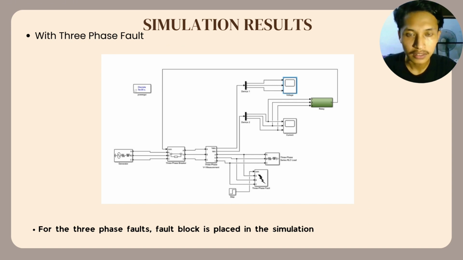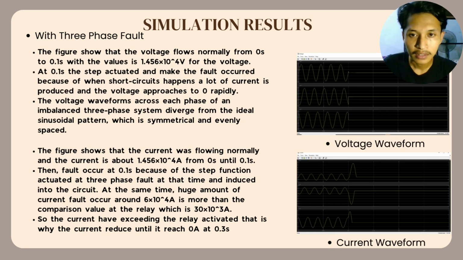Okay, this is the simulation result for the three-phase fault. For the three-phase fault, we include the three-phase fault in the simulation. For the simulation analysis, the figures show that the voltage flows normally from 0 second to 0.1 second with the value of 1.456 times 10 to the power of 4 volts.